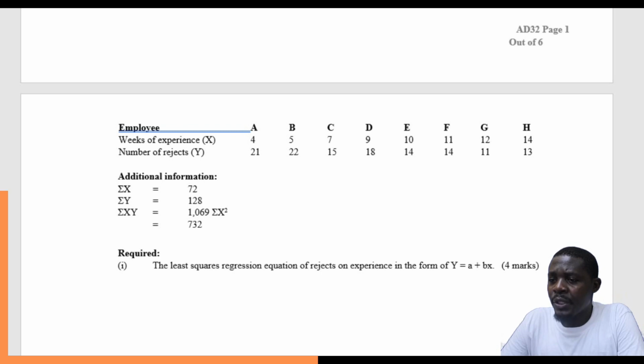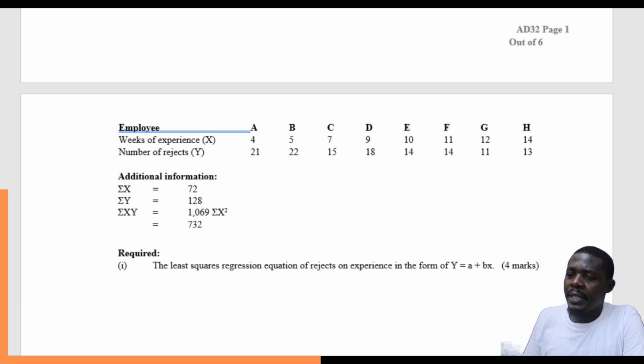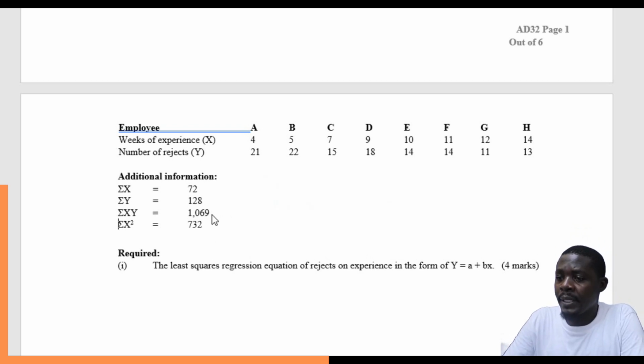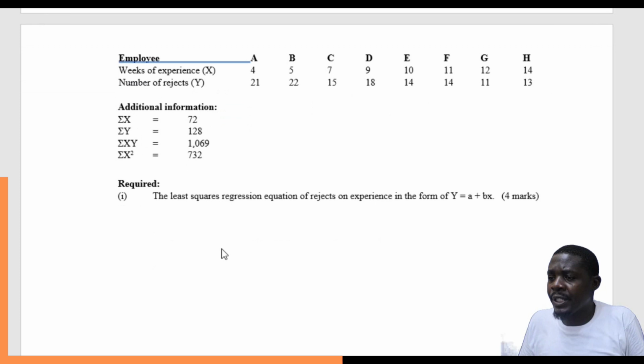Then we are told that the summation of X is 72, summation of Y is 128, summation of XY is 1069, and summation of X squared is 732. We are required to find the least squares regression equation of rejects on experience in the form Y = a + bX, and then predict the number of rejects we expect from an employee with 1 week of experience.